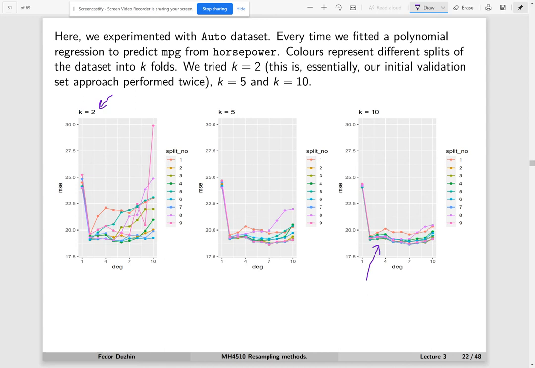So I honestly tried to reproduce their experiment, and more or less, I saw that the higher the number of folds, the lower the variance, and it is already pretty decent, but it may still not be enough to really pick the best value of the degree.